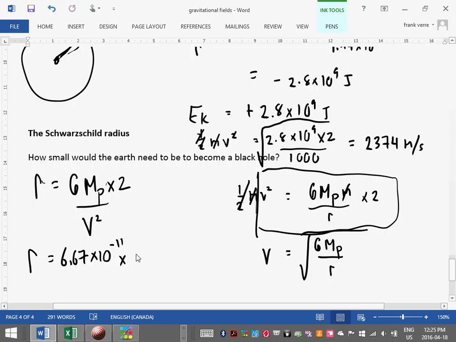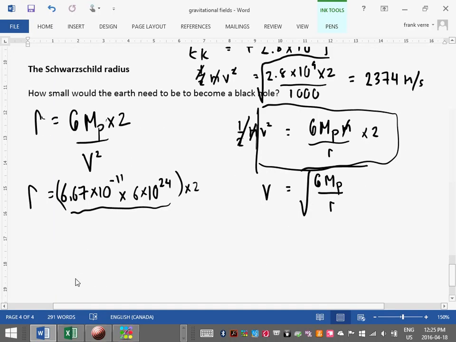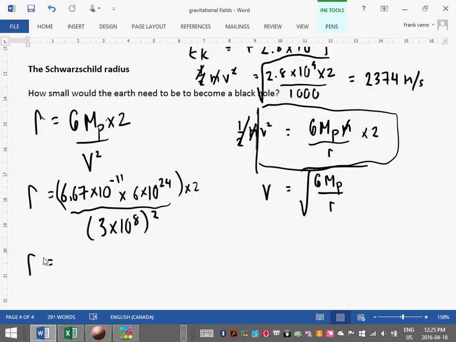The Earth is 6 times 10 to the 24. This is times 2 over V squared. Now what's V? What's the fastest anything can be? The speed of light, which is what? 3 times 10 to the 8. 3 times 10 to the 8 squared. Okay. So how small would the Earth need to be for it to be a black hole?